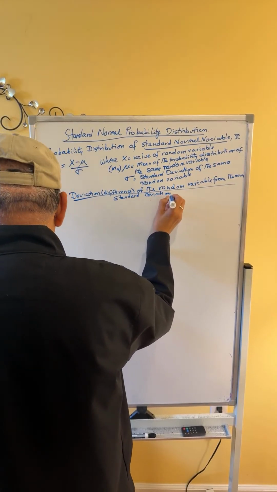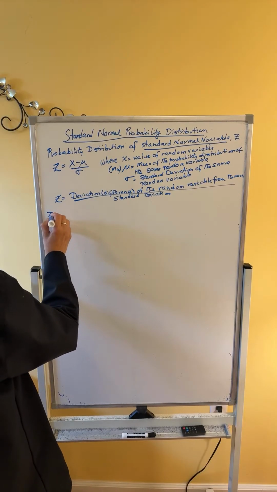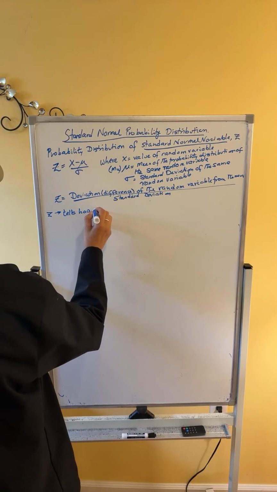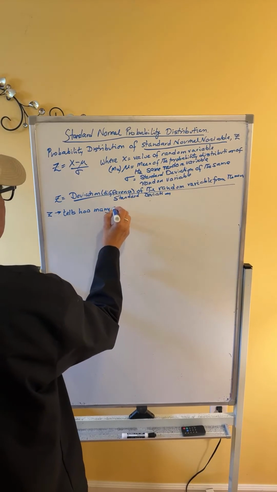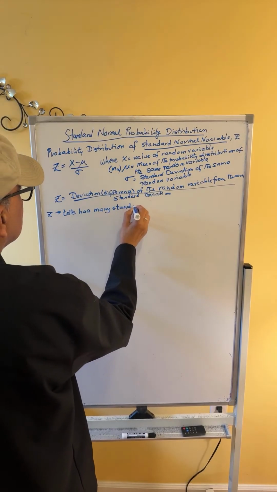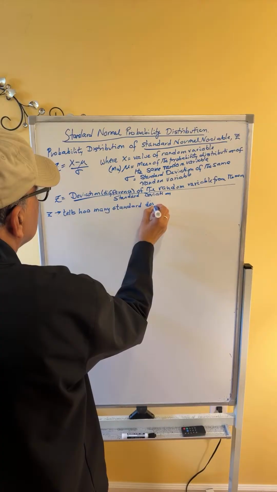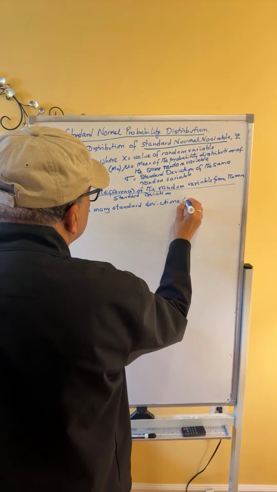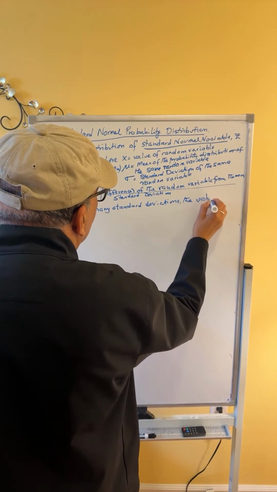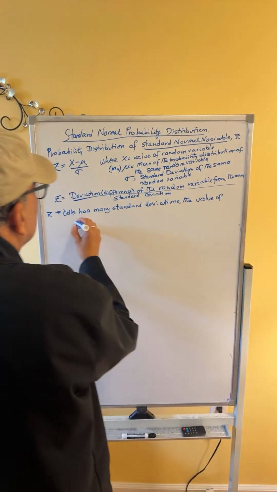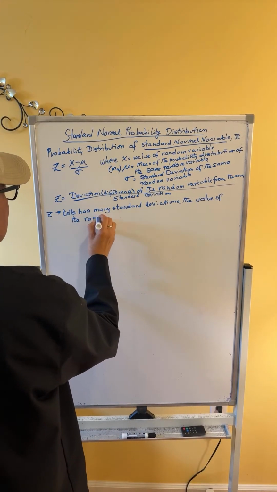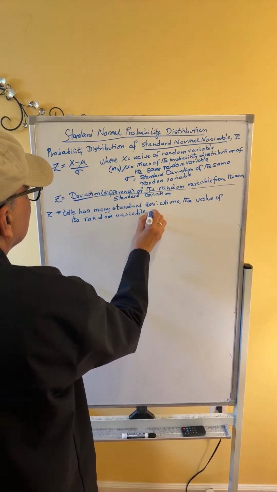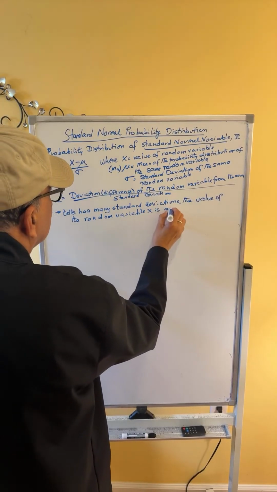Or in other words, z tells us how many standard deviations the value of the random variable x is away from the mean.